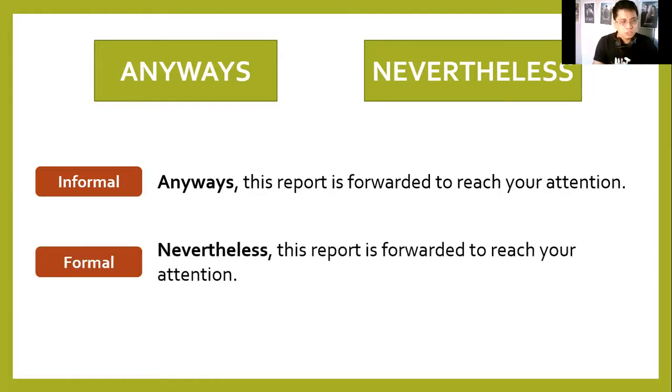You just change anyways to nevertheless to make it more formal. So in all these examples, let us assume that we are writing a letter to someone. Since the letter is a formal form of writing, most of these examples that I am showing here are assumed to be part of a letter.